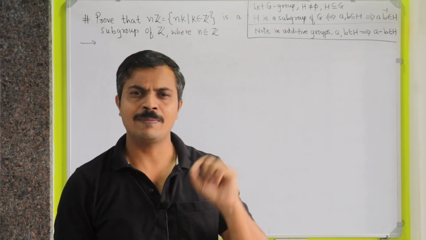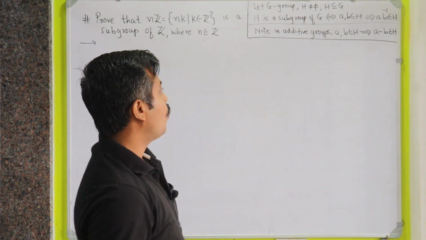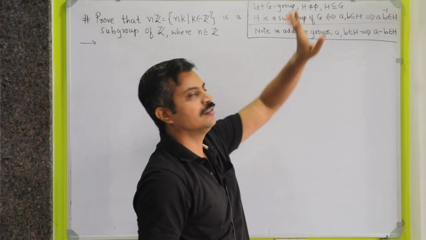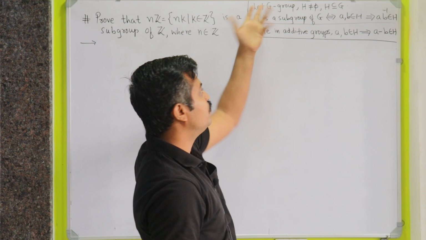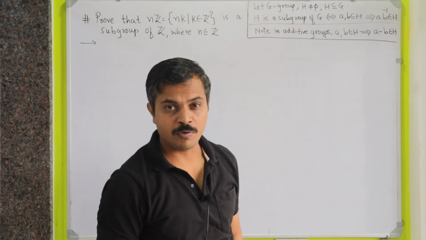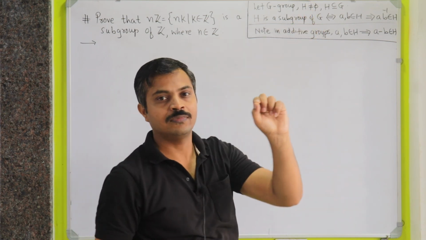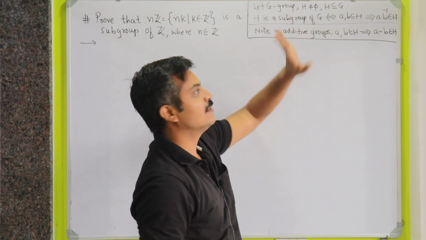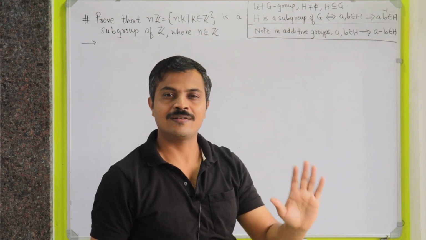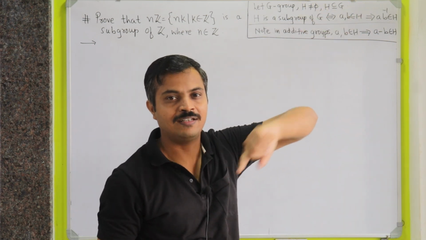We have the two step test as well. We are going to discuss it afterwards. So, what does the one step subgroup test say? First of all, we want a group G, and in order to prove H is a subgroup of G, first of all we are supposed to show that H is non-empty and H is a subset of G, because these are the assumptions of that test.